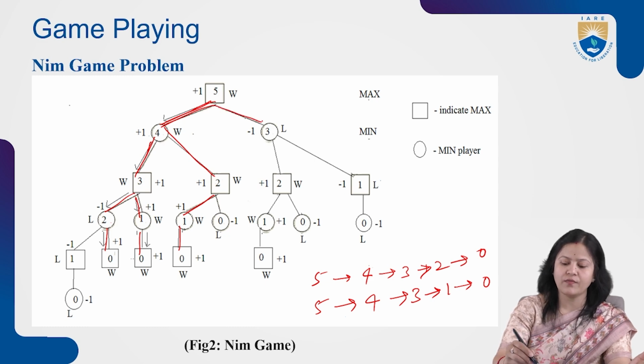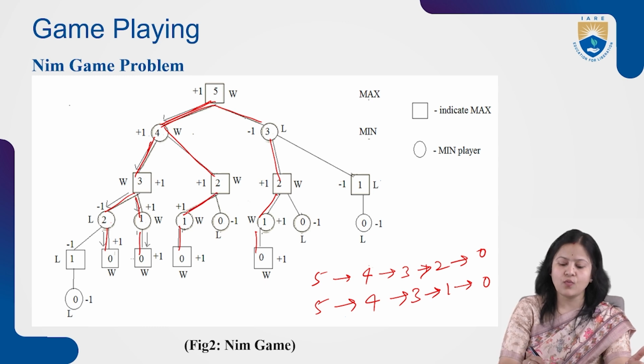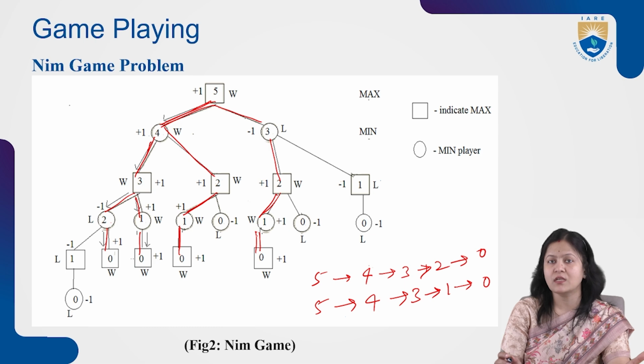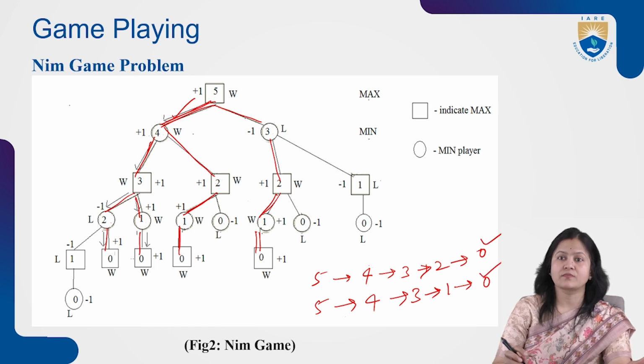Another one is 5, 3, then 2, 1, 0. Now you can observe that in these two solutions, 2, 1, 0 and 2, 1, 0 are common to both. That is why, after one level, both solutions look redundant, so we don't consider those two paths as good solutions. So we consider these as the correct solutions.